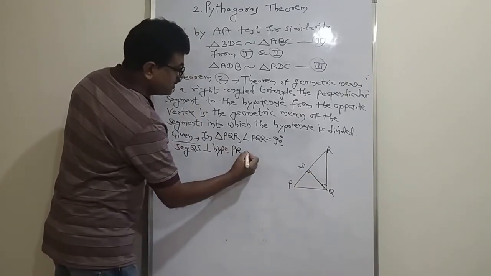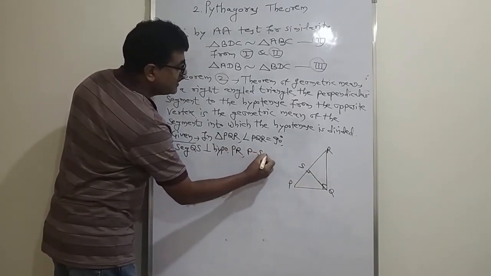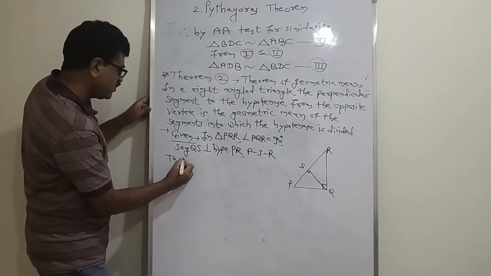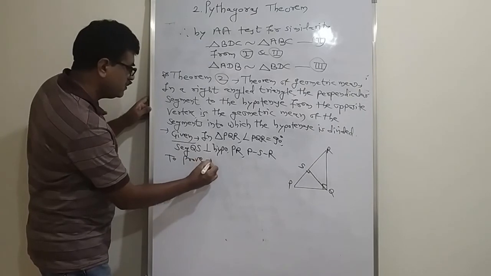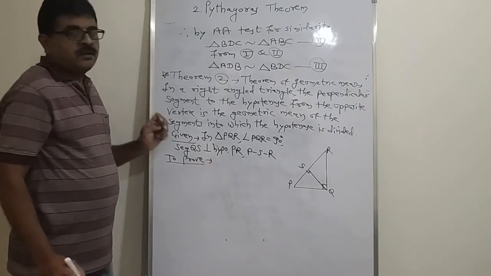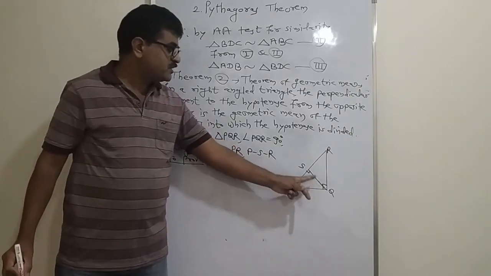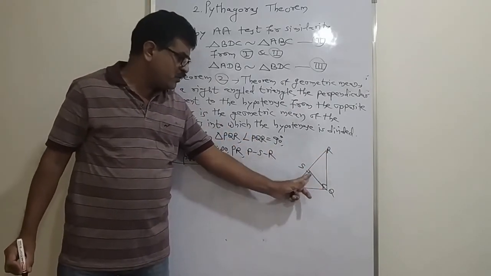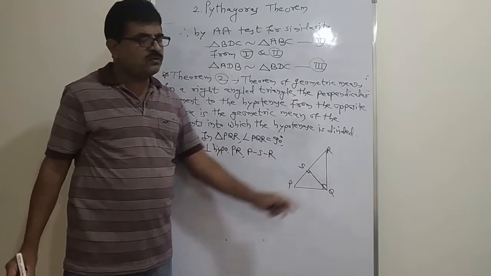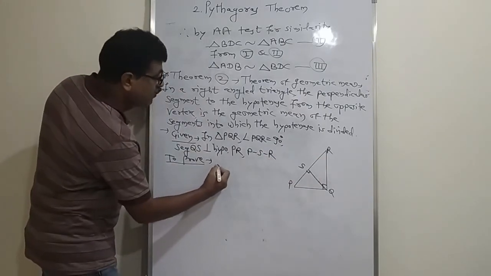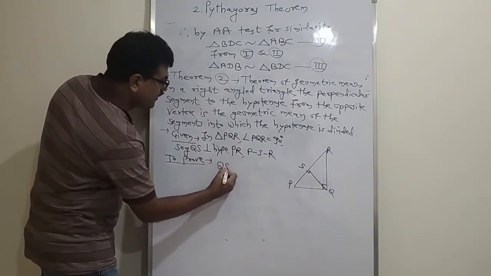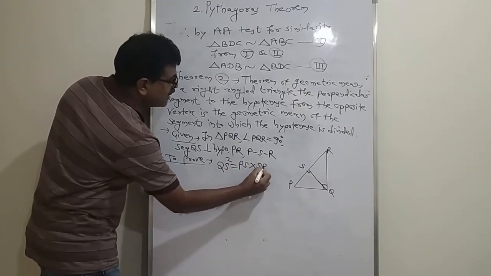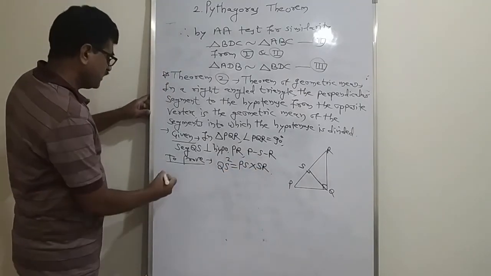This is given. To prove, now here we have to prove QS is the geometric mean of this. That is, we have to prove QS square is equal to PS into SR. Proof.